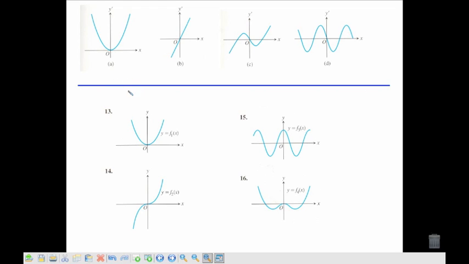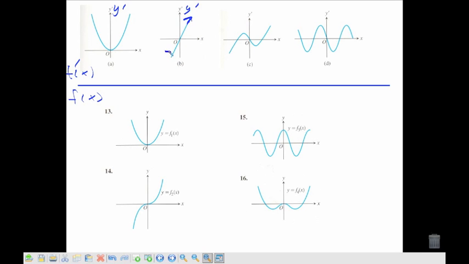In this example, we want to try to match these slopes. You say y prime, y prime. So all of these are the derivatives up here, and down here we want to match it to the original function. So I'm going to start with b, actually. Notice that our slope is always increasing.